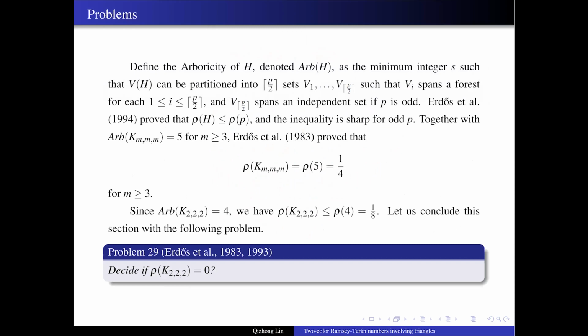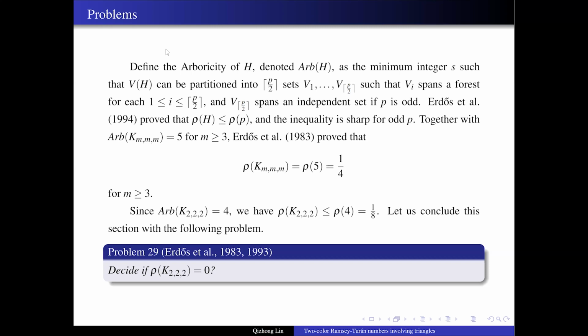As an end, let us pay some attention to the Ramsey-Turán density for the non-complete graphs. The arboricity of H is defined as the minimum integer P such that V(H) can be partitioned into P over 2 sets such that each V_i spans a forest.